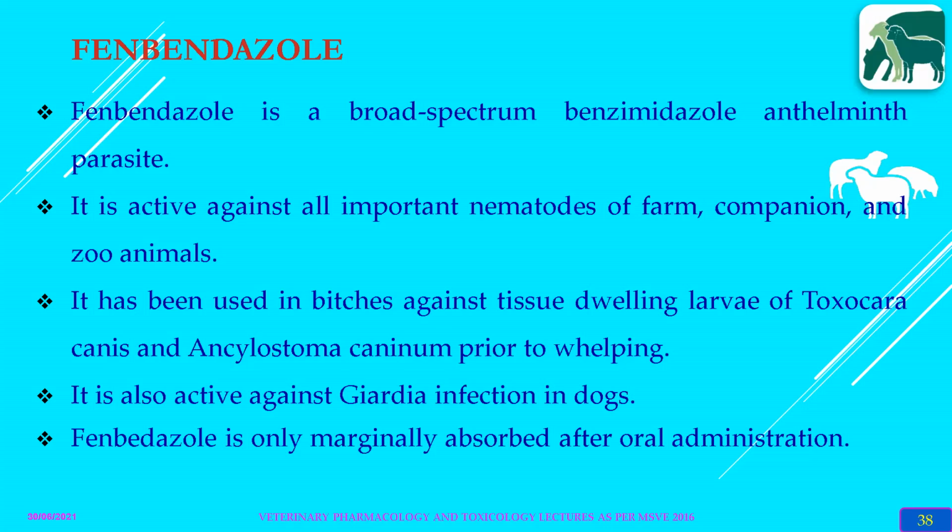Then when the animal coughs, they once again enter the esophagus. So it has been used in bitches, especially against Toxocara canis and Ancylostoma caninum, the hookworm, prior to whelping.